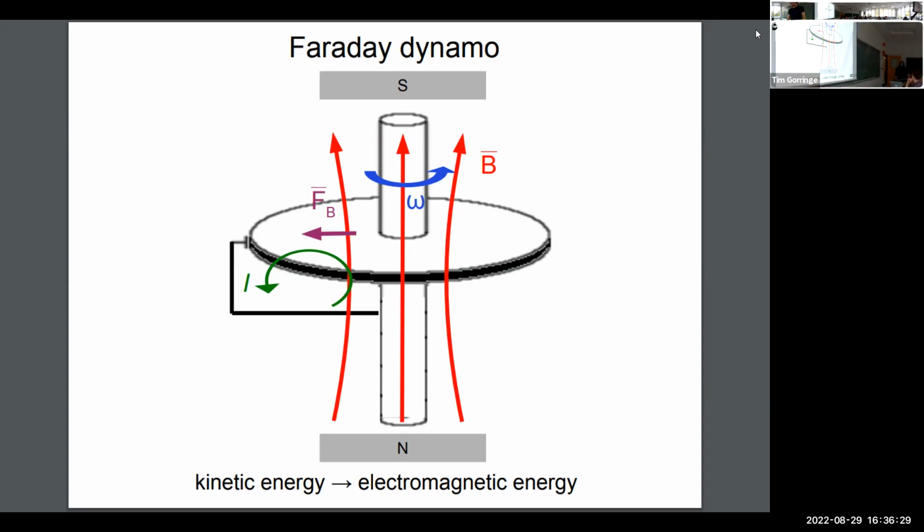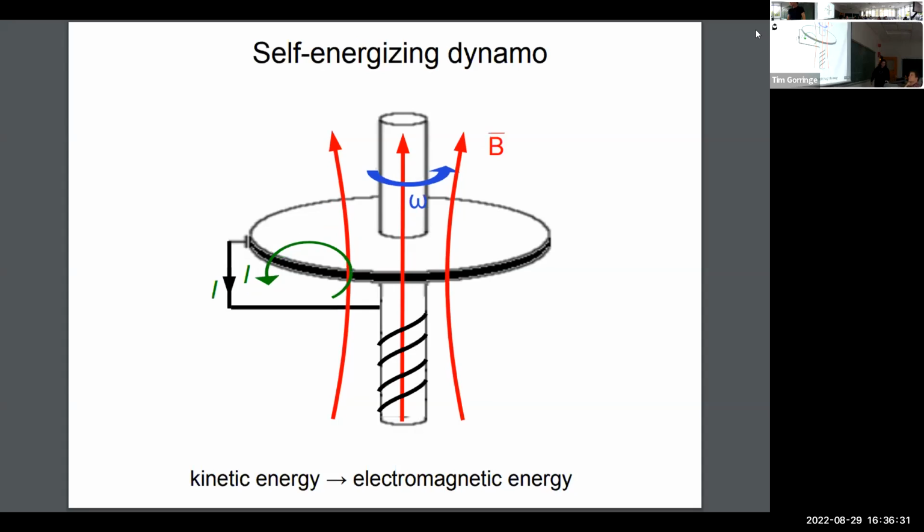But you can use the dynamo itself to create its own magnetic field. So here I slightly modified Faraday's first dynamo to build this self-energizing dynamo. Again, in this one, you rotate this conducting disk here.